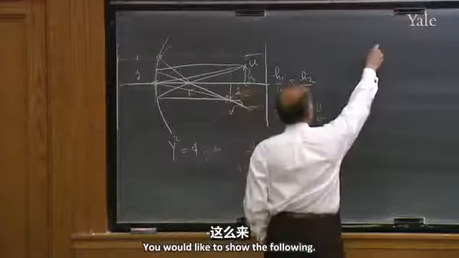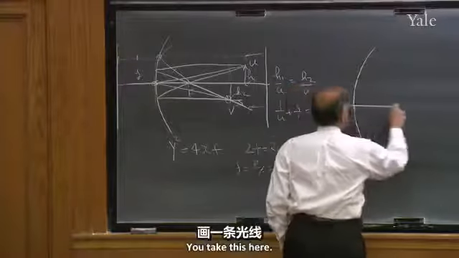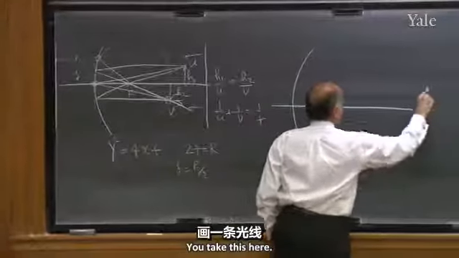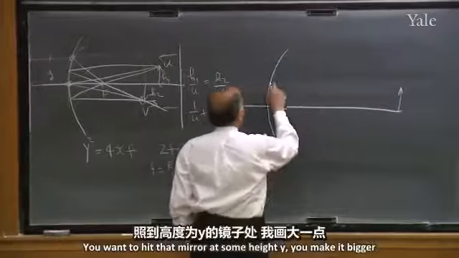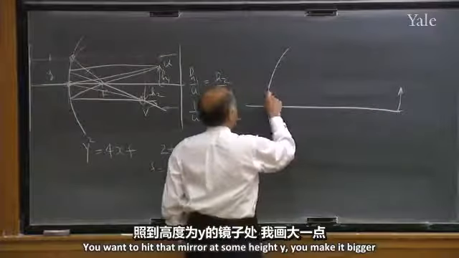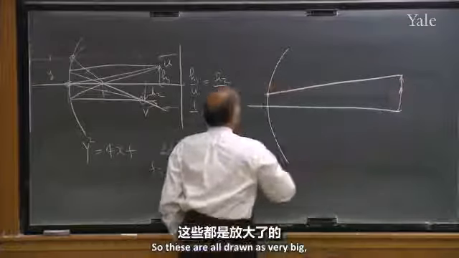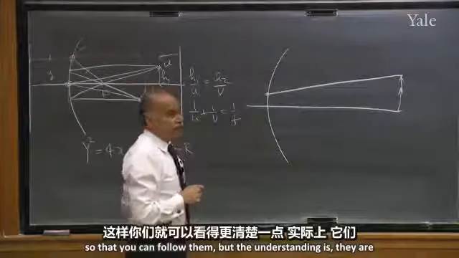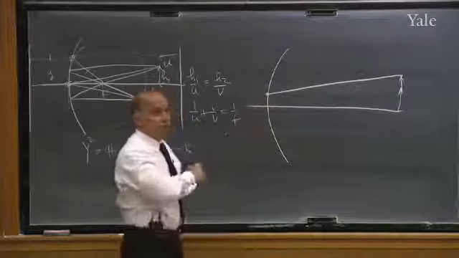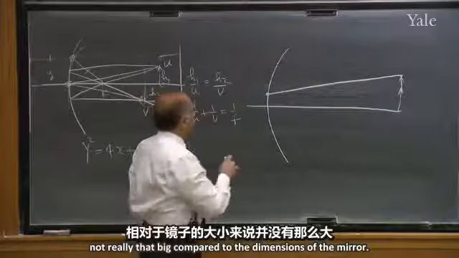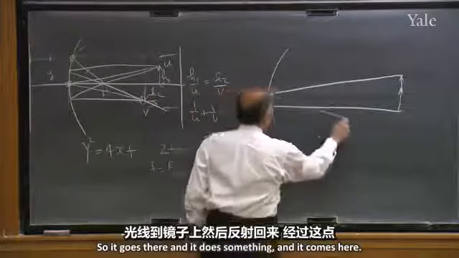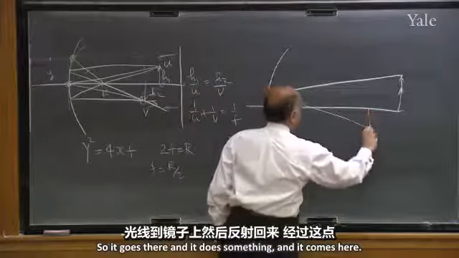You would like to show the following. You take this here. You want to hit that mirror at some height y. Let me make it bigger. So these are all drawn as very big so that you can follow them. But the understanding is they are not really that big compared to the dimensions of the mirror. So it goes there, and it does something, and it comes here.